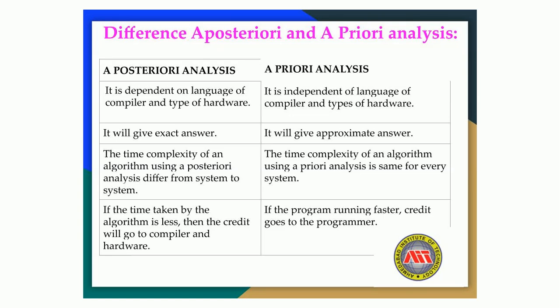That means it depends on the operating system, so with a different operating system you will get a different answer. Fine. The time complexity, meaning the running time, will be different, but in a priori analysis it is the same for every system. Fine. And in posteriori analysis, if the time taken by the algorithm is less, the credit goes to the compiler and hardware, but in a priori analysis, if the program runs faster, the credit goes to the programmer.